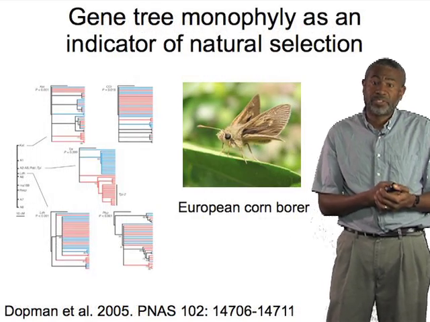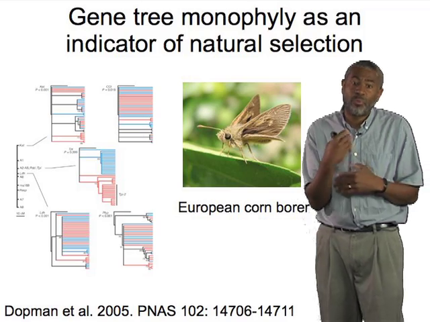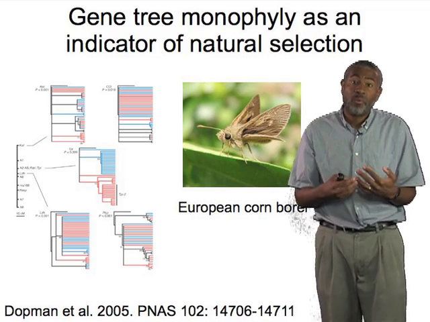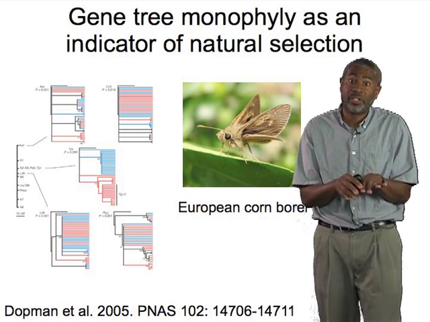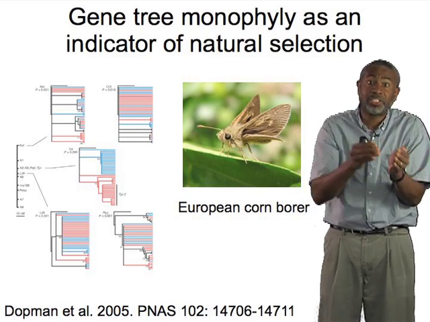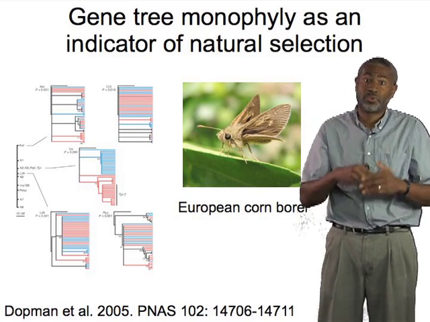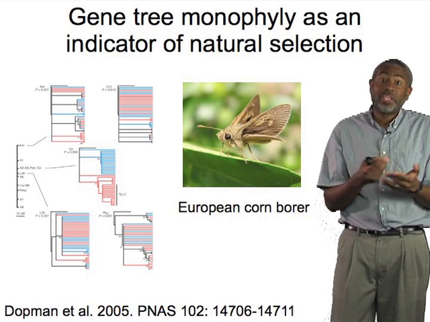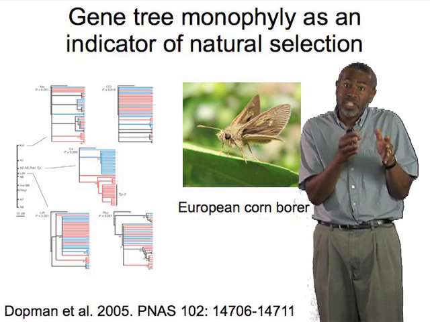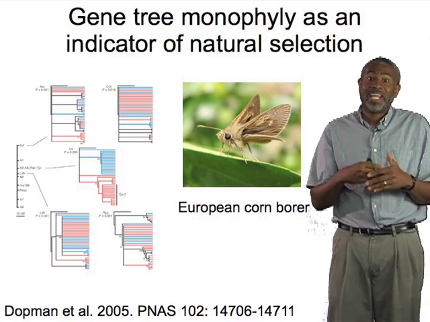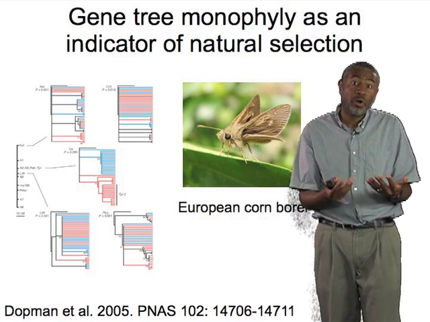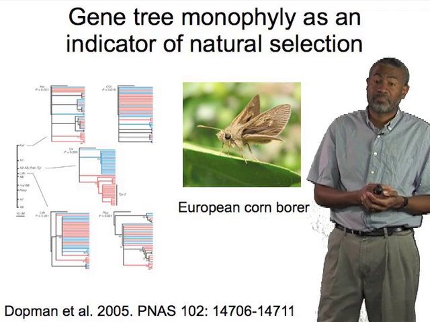Another example of natural selection is when we see a rapid approach to what we call reciprocal monophyly. That's the situation we saw earlier when alleles form separate clusters within different populations or species. And what these researchers have done is they've looked at gene trees of different loci along a chromosome in these European corn borers, a type of moth.